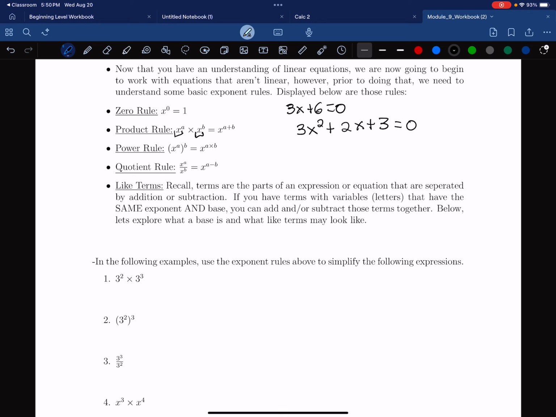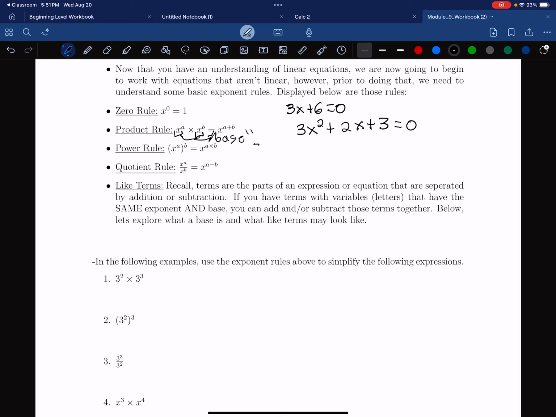So what that means is that whatever we happen to be combining these exponents with, they need to have the same base. So these x's here are what is called a base. Now this base needs to be the same.